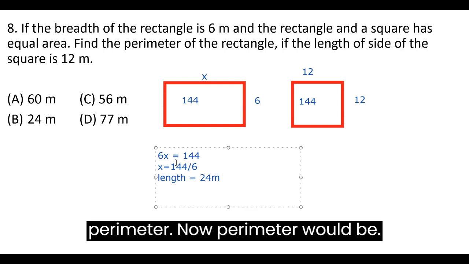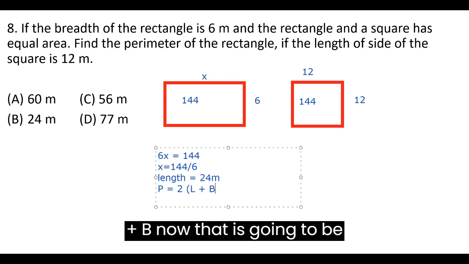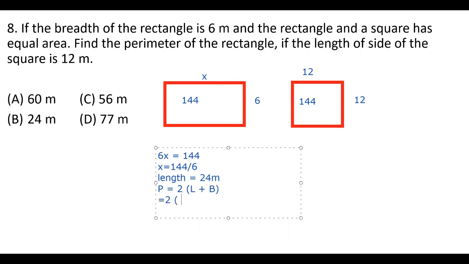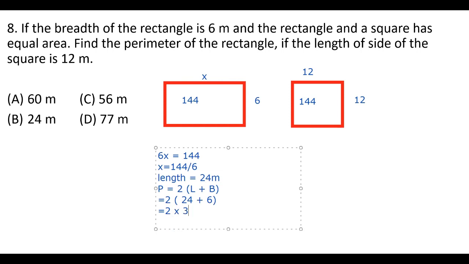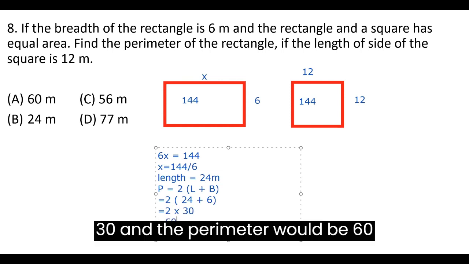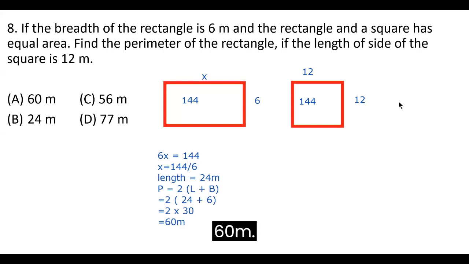Now, perimeter would be 2 times L plus B. That is going to be 2 times 24 plus 6. So that is 2 times 30, and the perimeter would be 60 meters. So our answer would be option A, that is 60 meter.